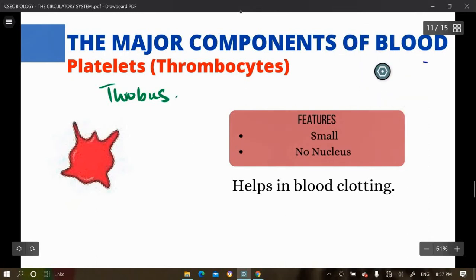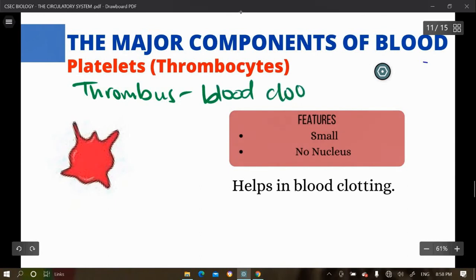I knew I spelled that incorrectly, the M is missing. Let's write that again. Alright, forming a thrombus, also called a blood clot. Alright, now they are the smallest of the three that we just showed.